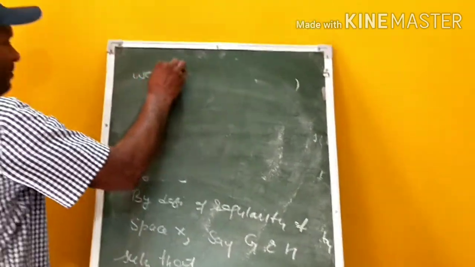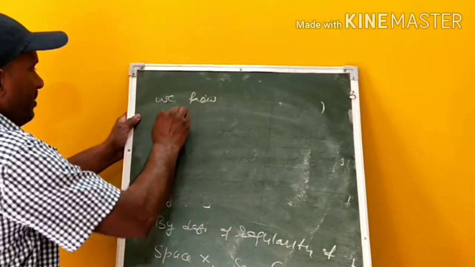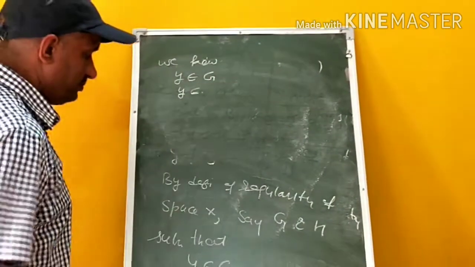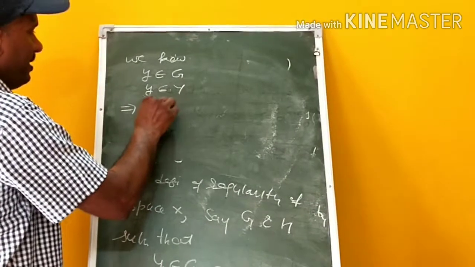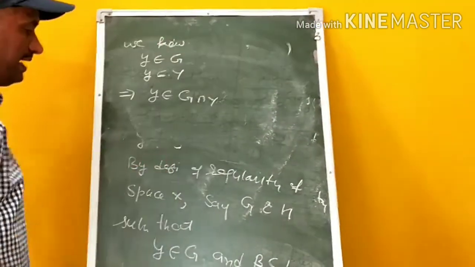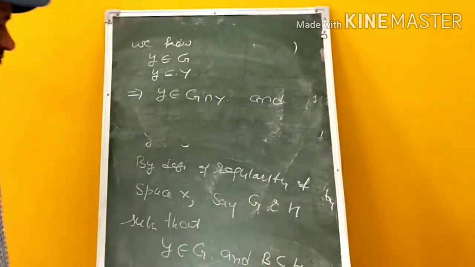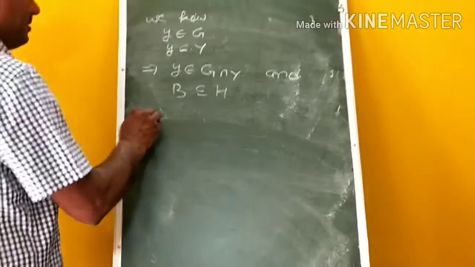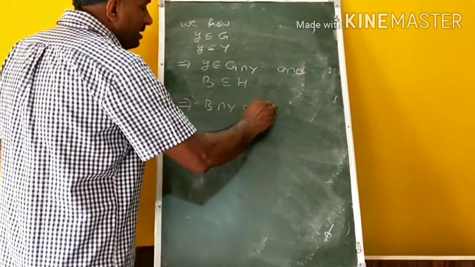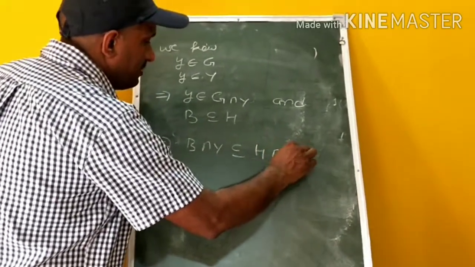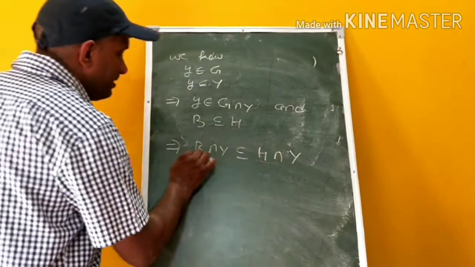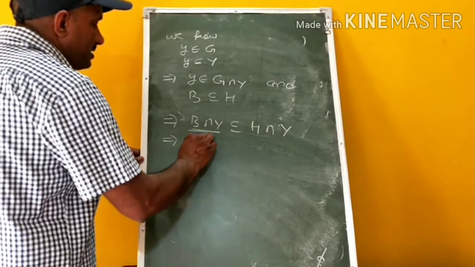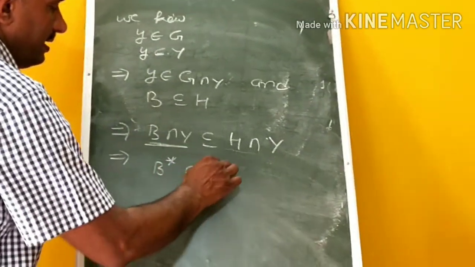We know y belongs to G, y belongs to Y. This implies y belongs to G intersection Y, and B is contained in H. This implies B intersection Y is also contained in H intersection Y. From here we observe that this is a closed set in the related topology Y, and we have denoted it by B*, and this is contained in H intersection Y.